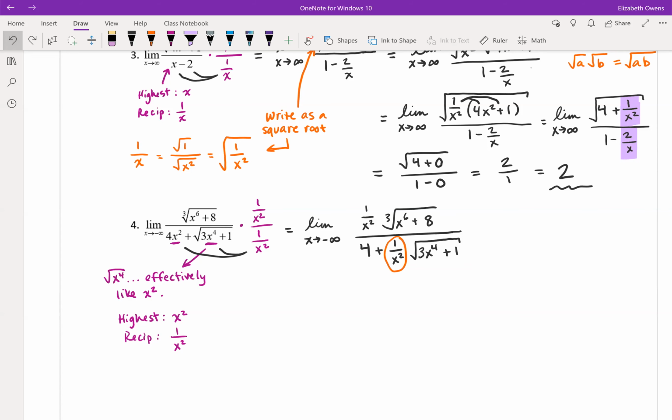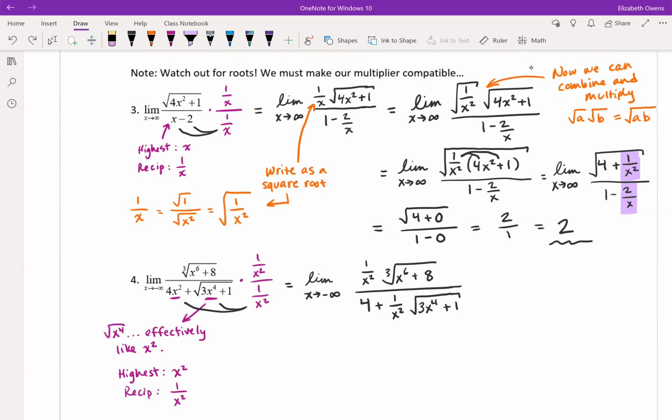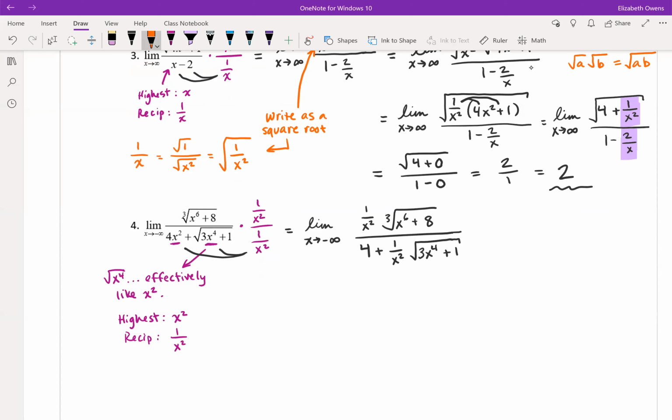So that one we need to write as a square root, just like we did in example 3. Okay, so here, write as a square root. Okay, so the 1 on top, not a problem. Square root of 1 is 1. Well, here I'll write our 1 over x squared first.